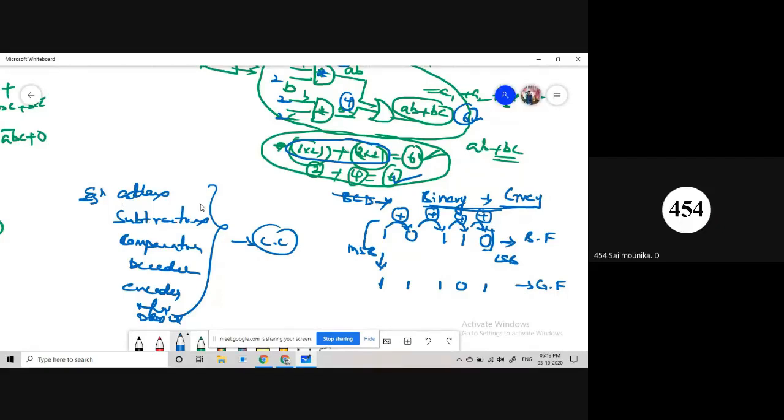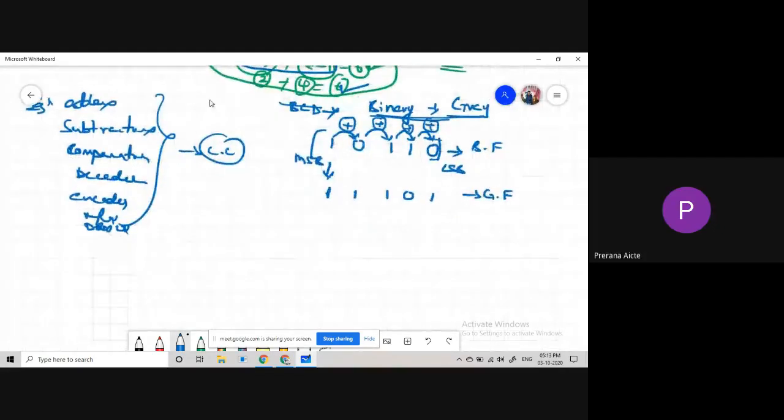And then again we are converting this into binary form. Here also the MSB bit of the gray code is always the MSB bit of the binary format. Then we apply the XOR gate like this.